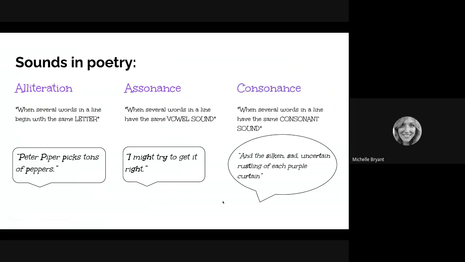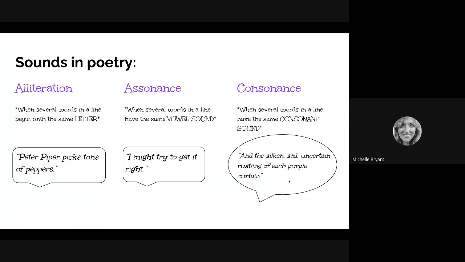And then consonance is kind of similar, but that's when several words in a line have the same consonant sound. So anything that's not a vowel. And here's the example. And the silken, sad, uncertain rustling of each purple curtain. In that, there's a couple different consonant sounds repeated. We've got the S in silken, sad, uncertain rustling, the S sound.